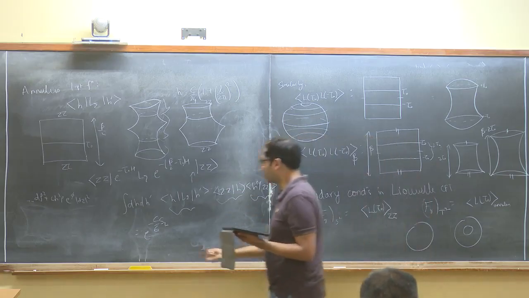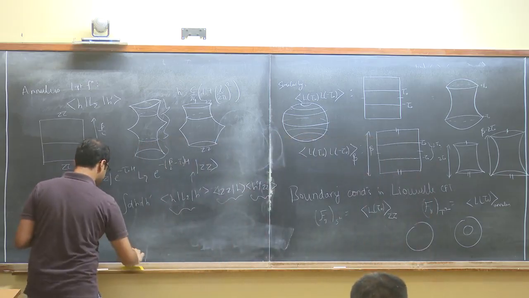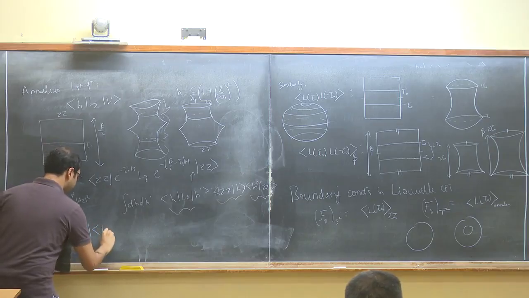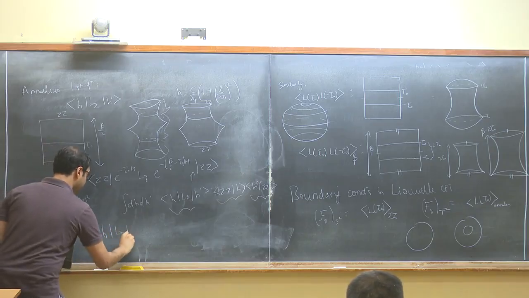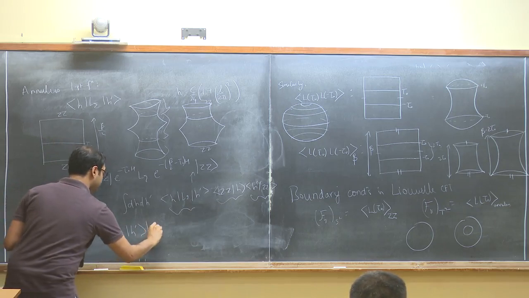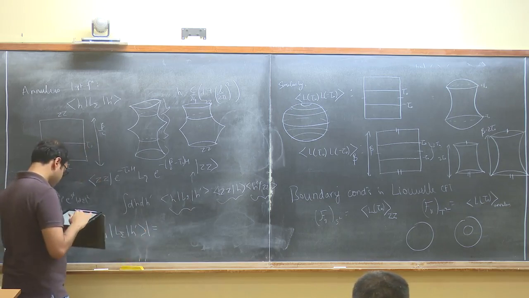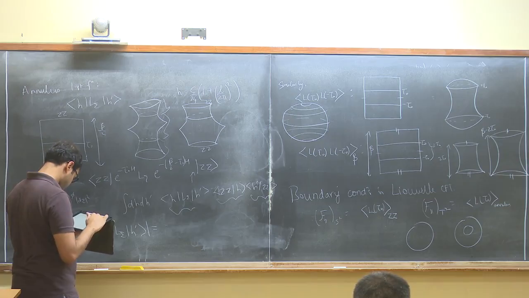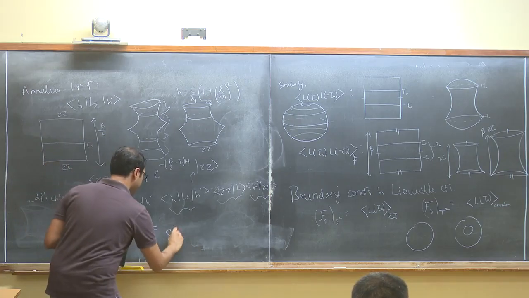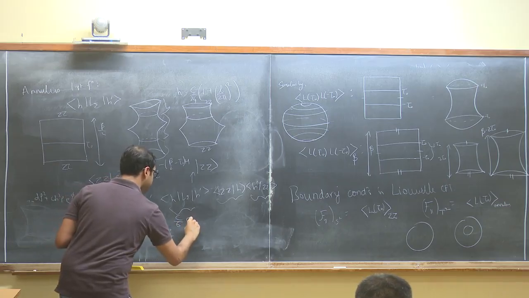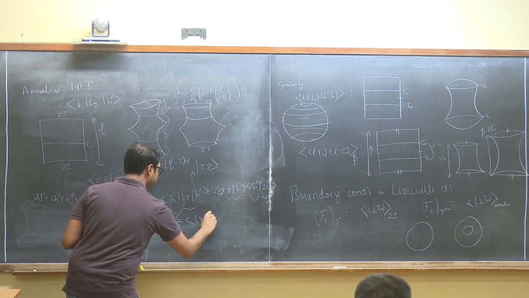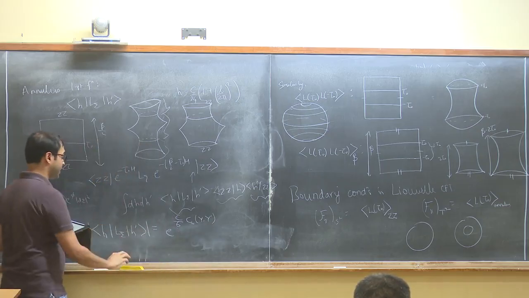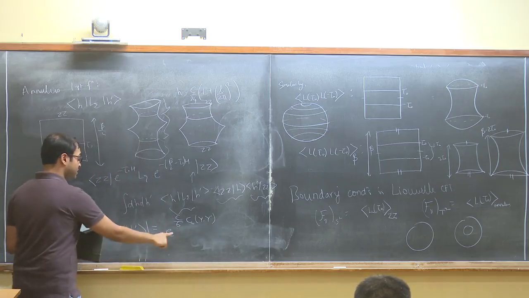Okay, so the final result of this calculation is the expression for the matrix element, and the matrix element has phases. I won't explain what those phases are, but the expression is just given by the following. Let me call it e to the c over 6 times C_L of gamma prime. These are the structure constants of the line defect, and I am evaluating this in the large c limit.